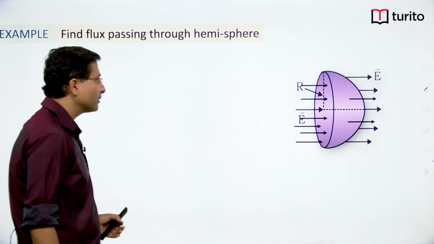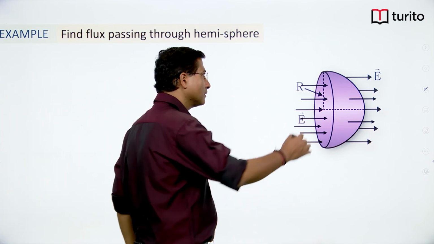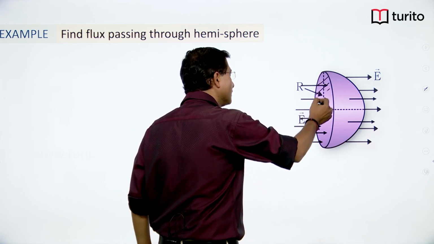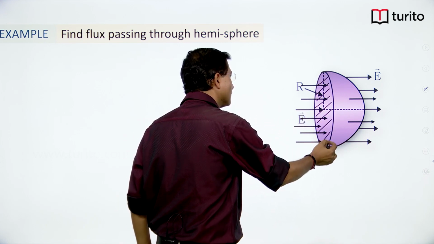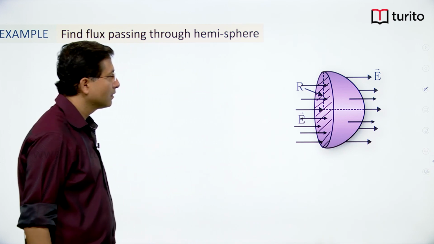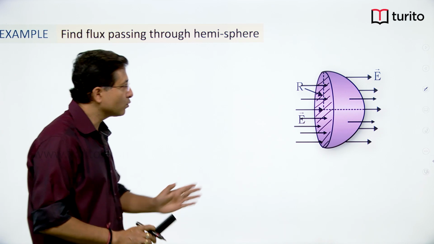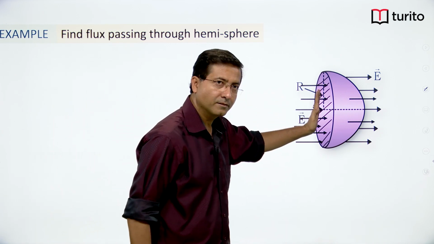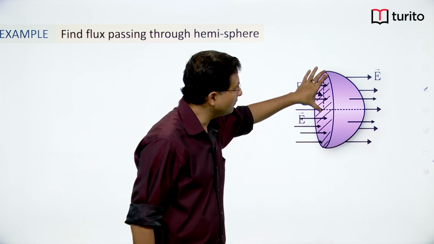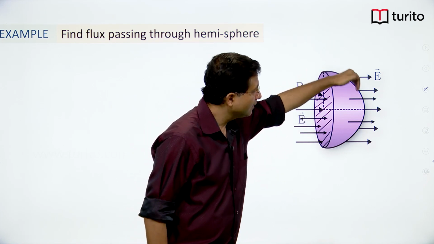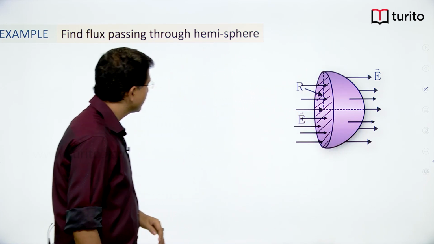Let us take simple example. Visualize a hemisphere whose open surface is closed by a disc. So, here we have got one disc and this is a curved surface.